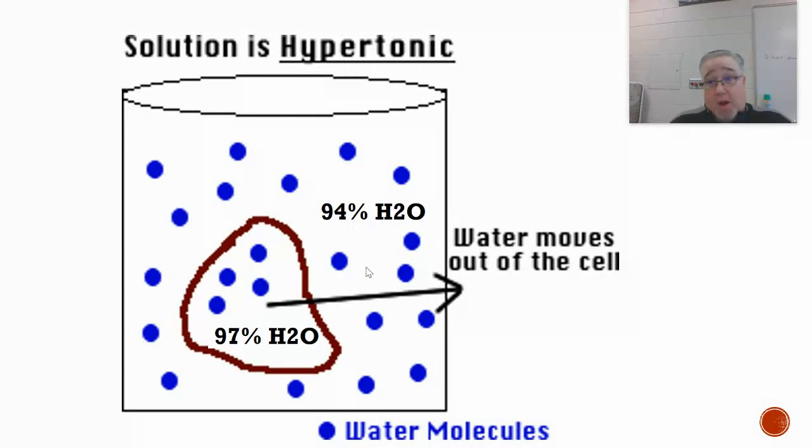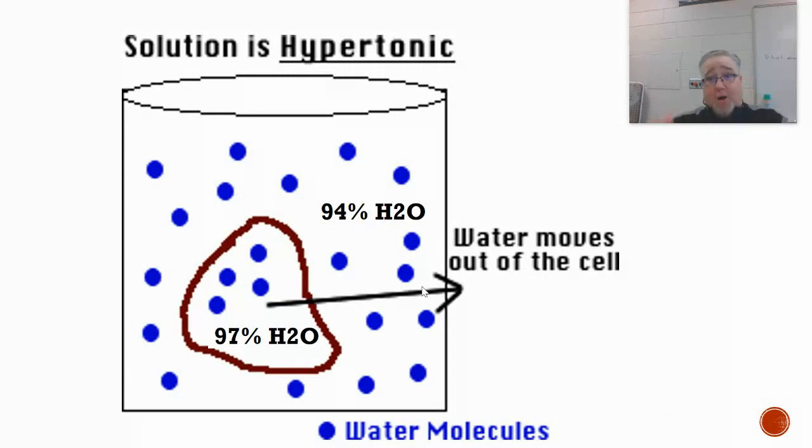So we know that because of osmosis, water moves from areas of high concentration to low concentration. So just look at the two numbers. Whichever number is higher, 97% on the inside of the cell, that's where it's more highly concentrated, and water will leave the cell because it's going to move out to an area of lower concentration.